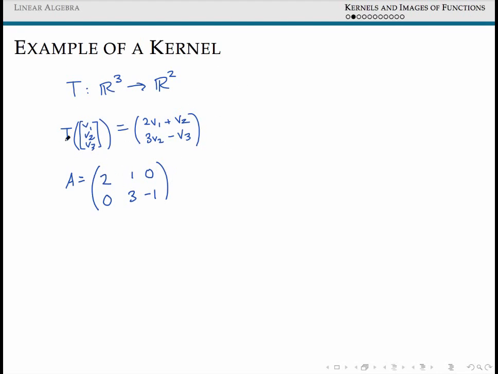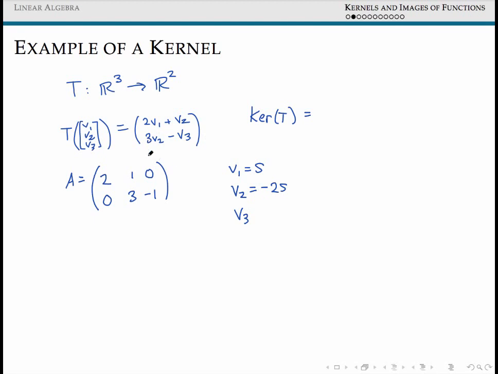So the kernel of this map T is going to be the set of all vectors in R3 that map to 0. A quick examination of this shows that v1 should be equal to negative 1/2 v2, or in the other direction, given some arbitrary choice of v1, if we made v1 equal to s, we know that v2 would have to be negative 2s.